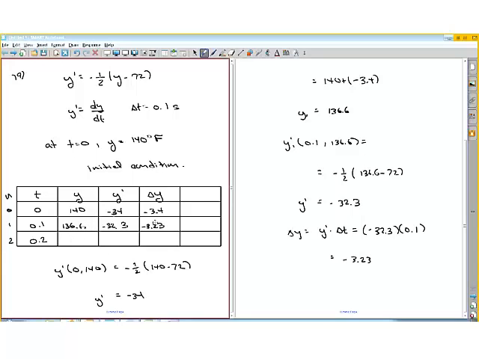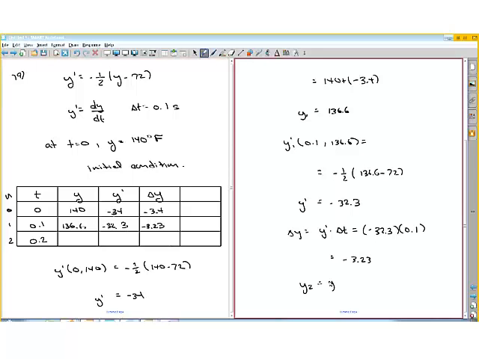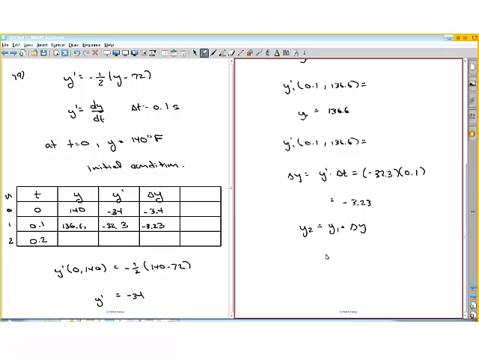Okay, so now to get our new y, we just add this to that. So we'd say y sub 2 is equal to y sub 1 plus delta y. We can say delta y sub 1, because that's step 1. So you get 136.6 plus a negative 3.23.